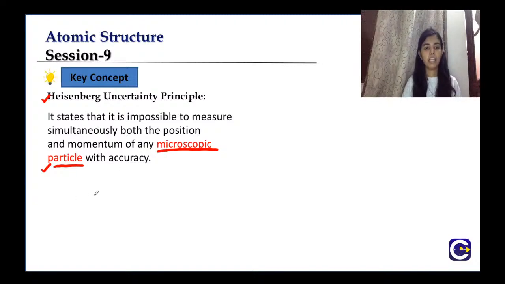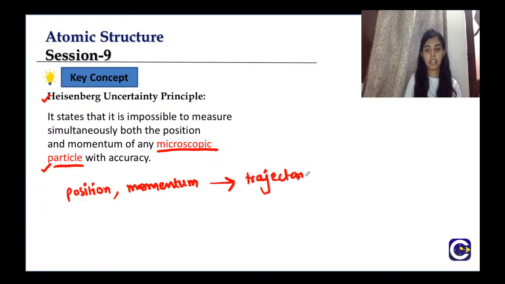If we were able to determine the position and momentum of any particle, then we could simply find out the trajectory of that particle.